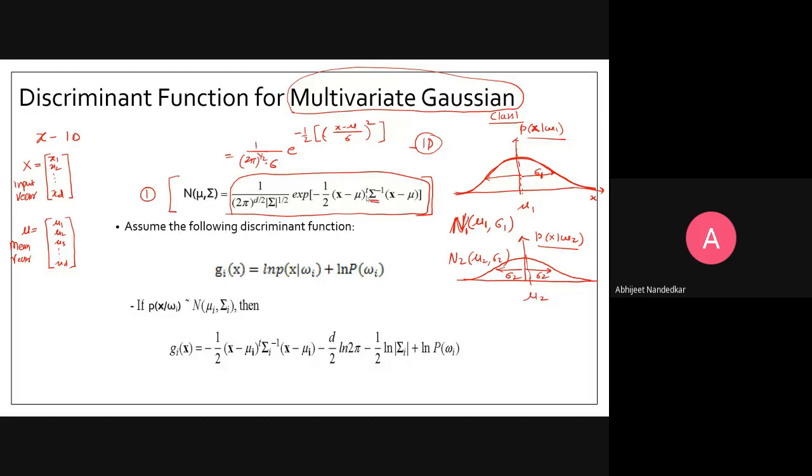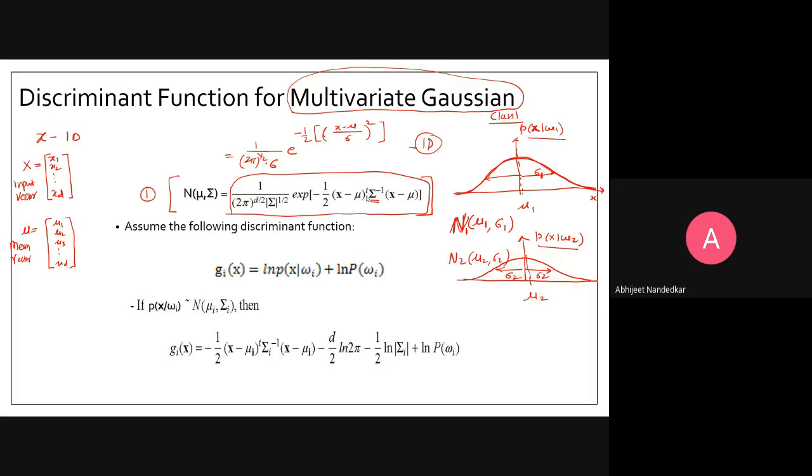Now this sigma, or sigma inverse, sigma is called the covariance matrix, which is the relation amongst the different features in your data.